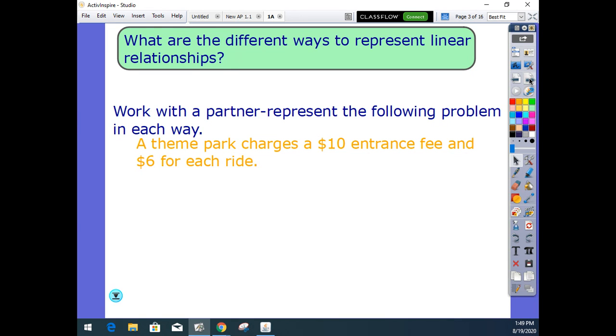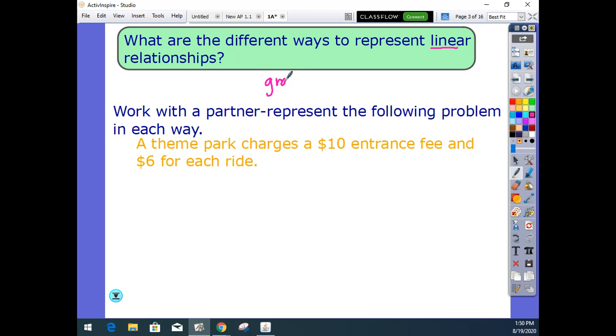So first of all, I want you to think about the different ways to represent linear relationships. We talked about this last year. Think of, first of all, what's a linear relationship? Keyword. So what do you do with a line?